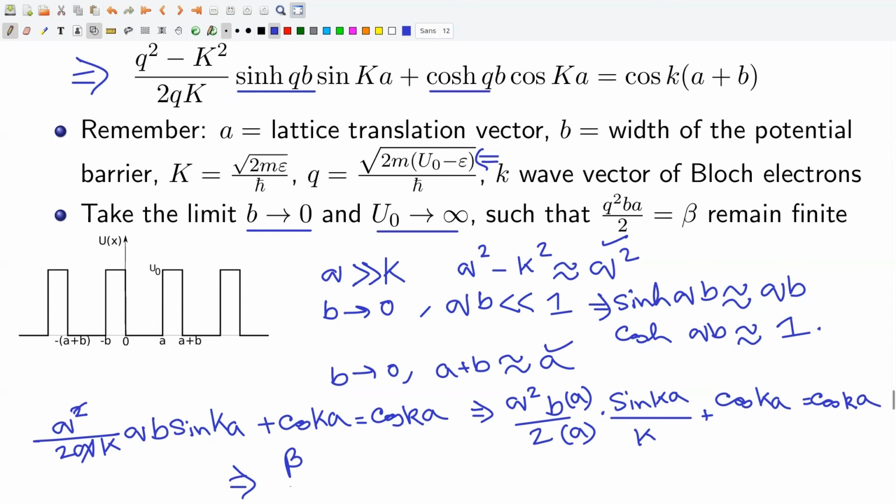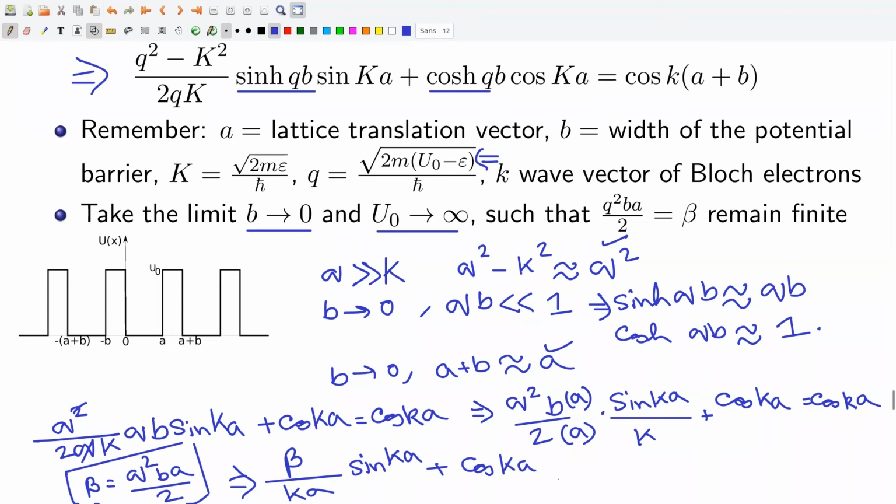And then we can rewrite this equation with beta, where beta is equal to q square ba divided by 2. So now we have beta sine Ka divided by Ka plus cos Ka is equal to cos of small k times a.